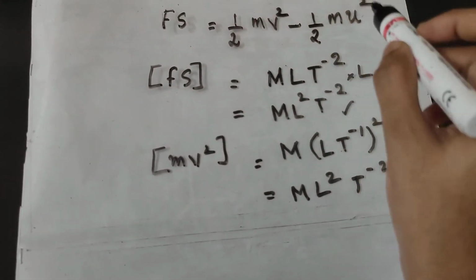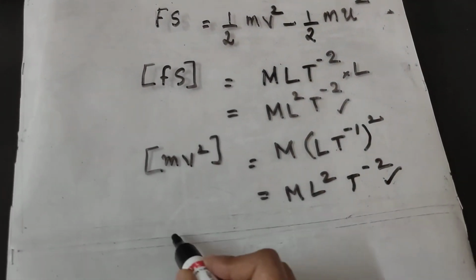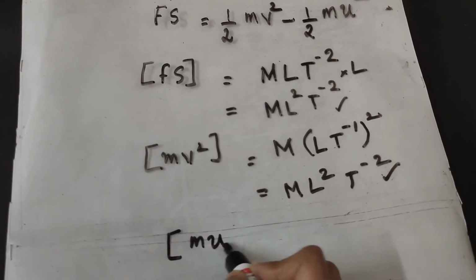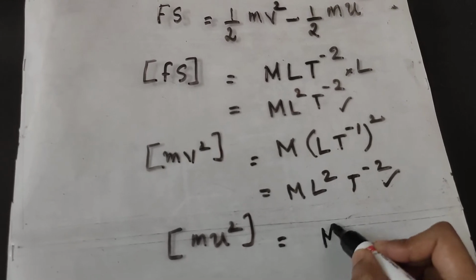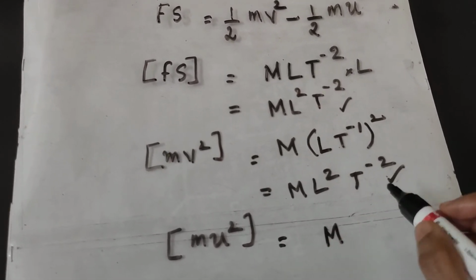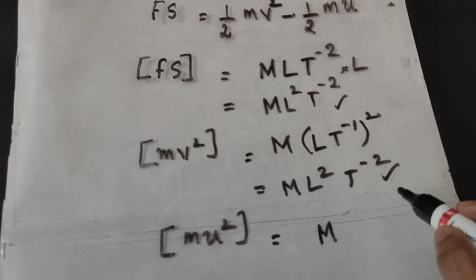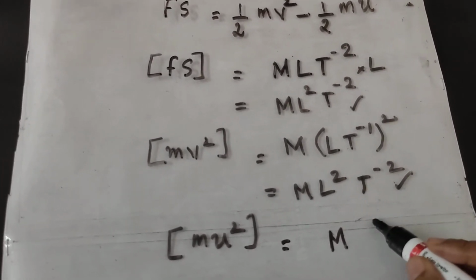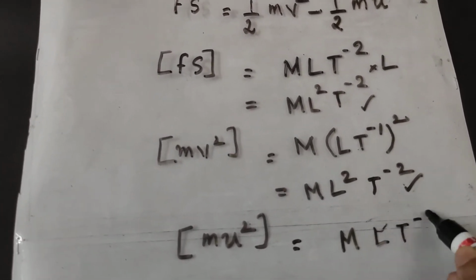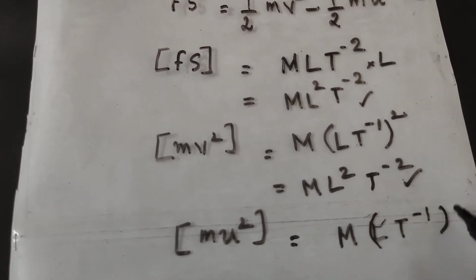So let us take the last term. What is the last term? mu square. Its dimension: m is M, and u is velocity, that is our initial velocity. Its dimension is LT raised to minus 1 the whole square.